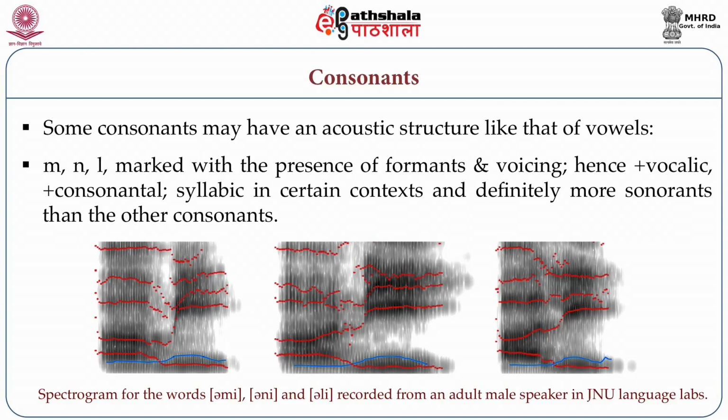M, n and l have something similar to the vowel sounds. Like you can see some formants. These three pictures are given where there are two vowels and in between you have an m or an n or an l. This is the intervocalic position for the three consonants. They can show some resonances and some higher sonority, and in some contexts they can also become syllabic, like button and mutton and bottle. All of these are examples from English of syllabic consonants.